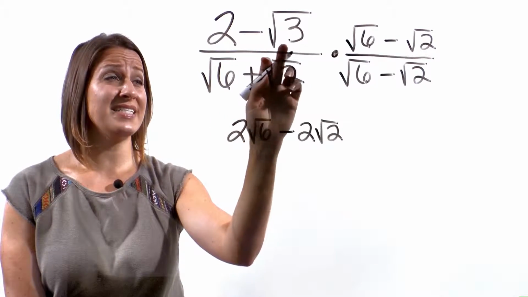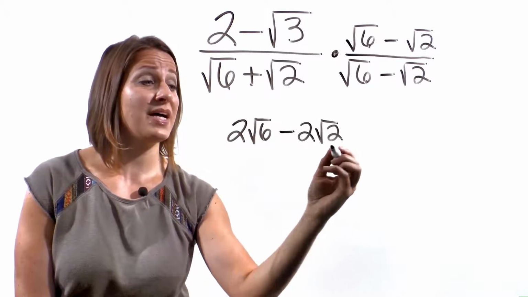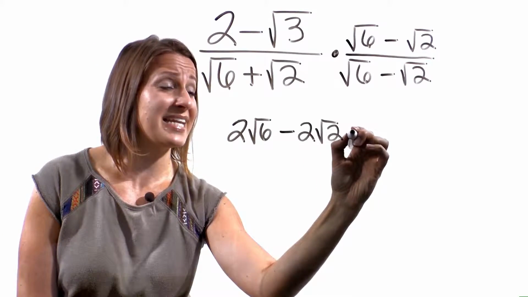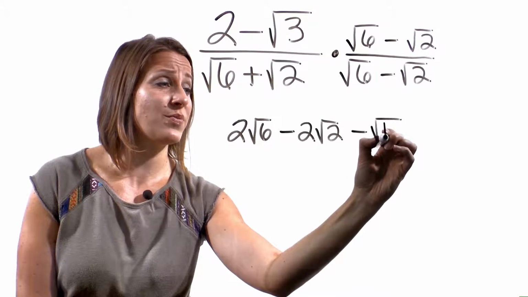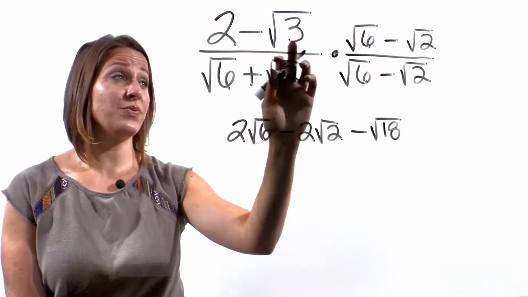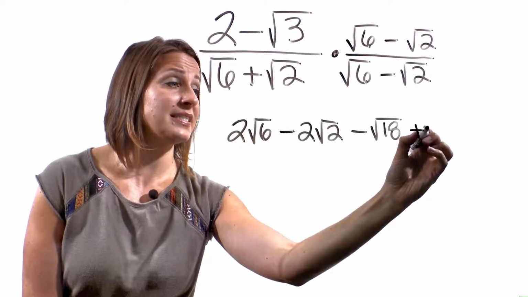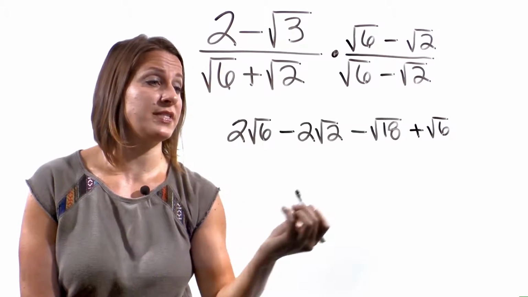Next, we have negative square root of 3 times positive square root of 6, which is a negative square root of 18. Negative square root of 3 times negative square root of 2 is a positive square root of 6.